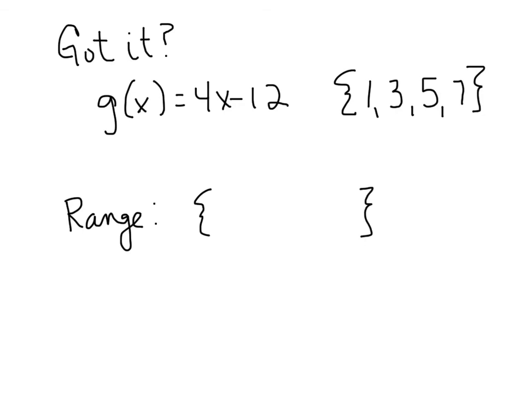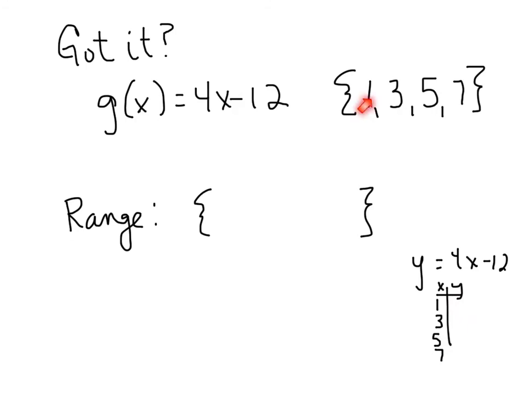All this would be an equation, like y equals 4x minus 12. Here are all the x values. Find the y's. It would be like I gave you this equation and made you do a t-table with the x values as 1, 3, 5, and 7. All I do is plug in 1, 3, 5, and 7 to that equation to find y. That's all you're doing, except you're writing it in function notation.